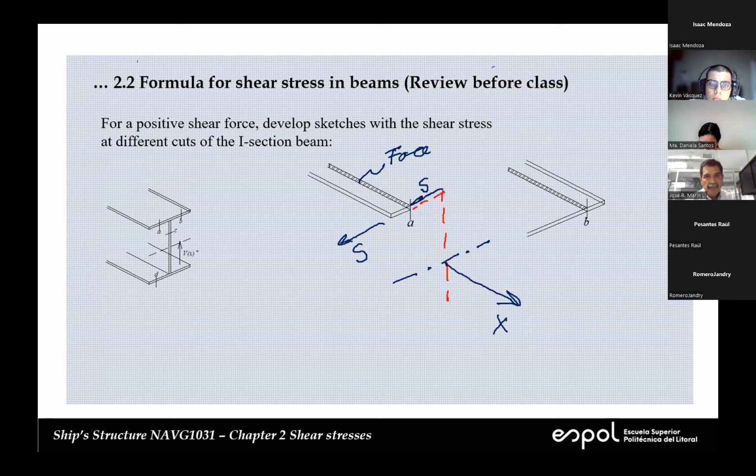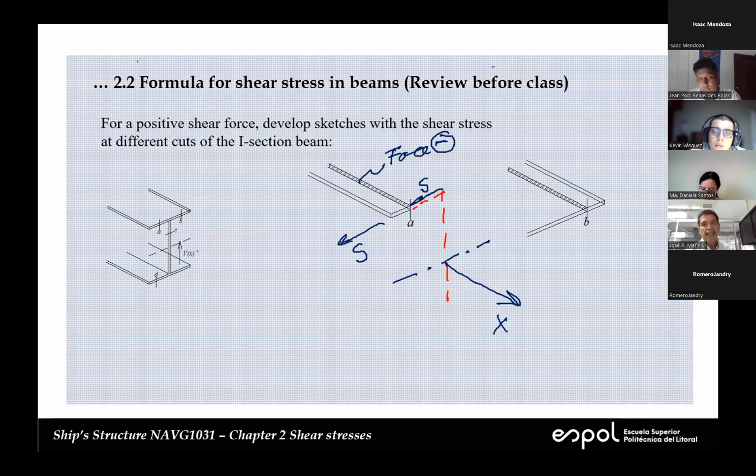Now, if this is a negative face, the shear stress will point in the positive or in the negative x direction? Anybody? The positive shear stress here will be pointing in the positive or in the negative x direction? Maybe in the negative direction? Exactly. So that's my tau.